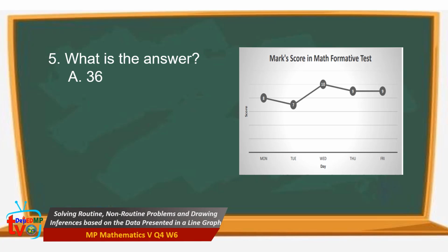A. 36. B. 10. C. 43. D. 45,360. The answer is C.